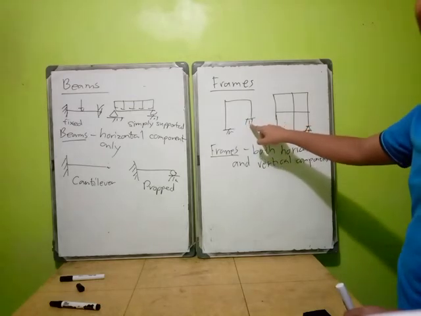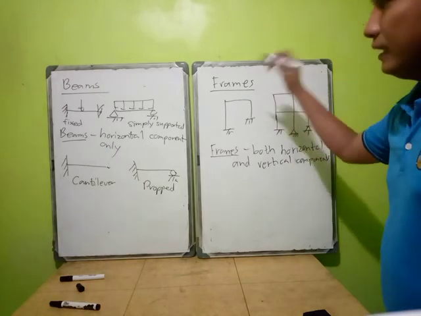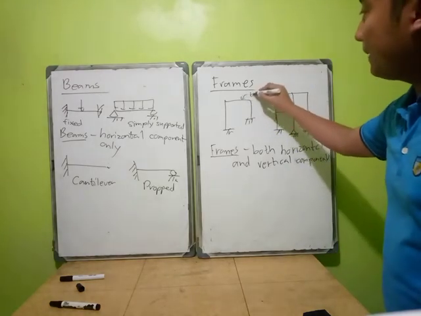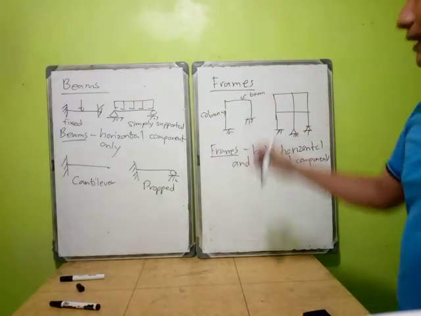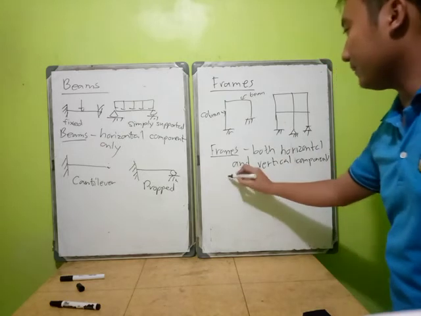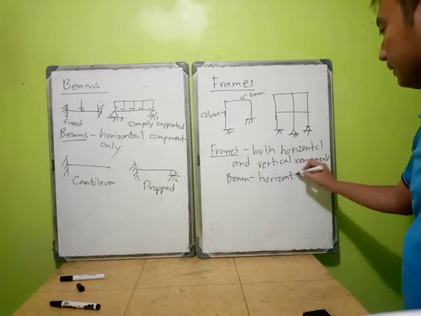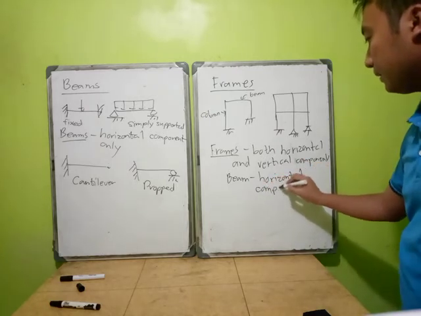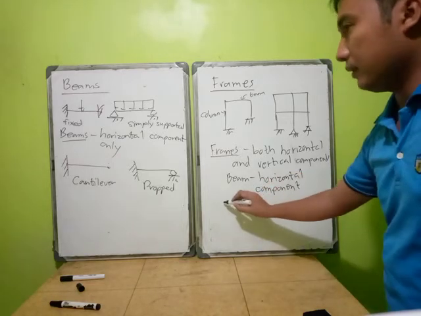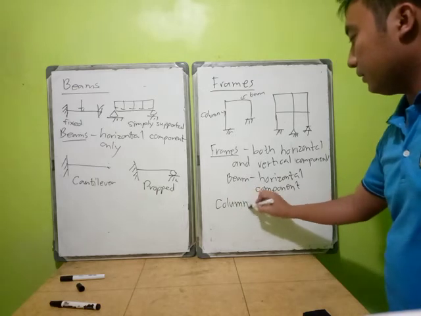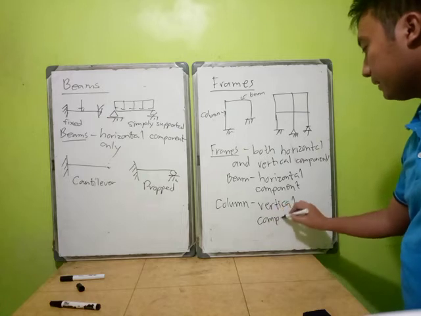So, ito si frames. Okay? So, kapag sinabi nating frames, meron kang beam, meron ka pang column. So, yung nakatayo, okay? So, beam is the horizontal component. And then, column is a vertical component.